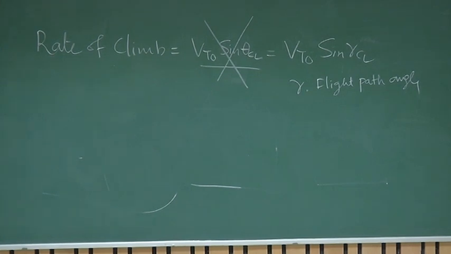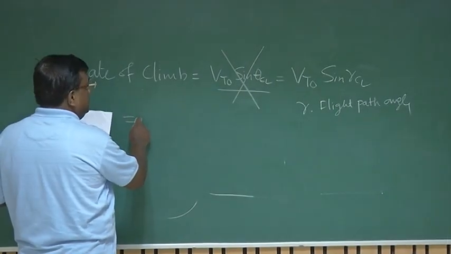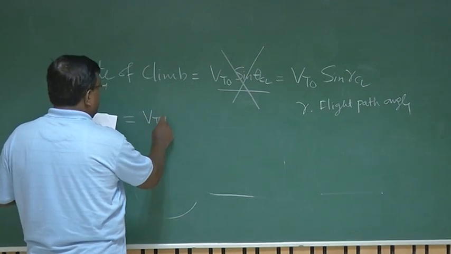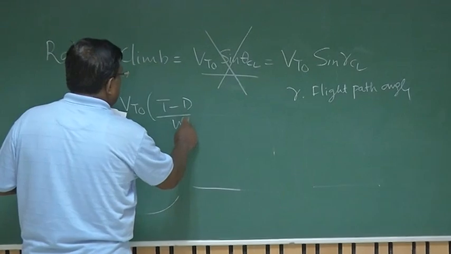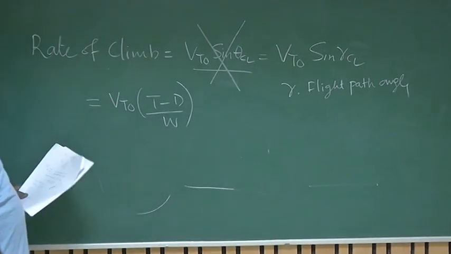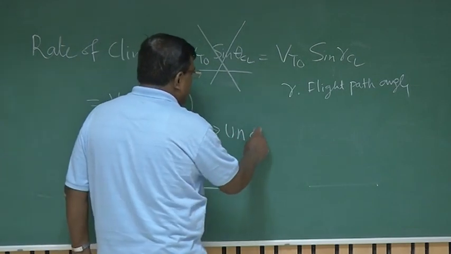Theta is for the pitch orientation, the attitude of the airplane with respect to the ground. Gamma is the angle between the velocity vector and the horizon. So this will be equal to V takeoff times sine gamma CL, which is T minus D by W for an unaccelerated climb.